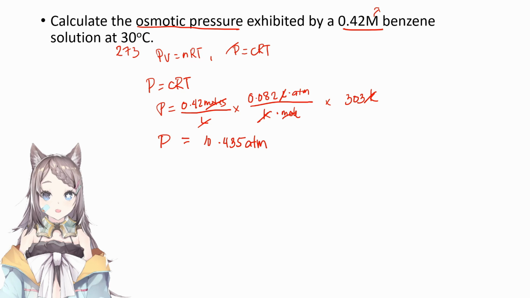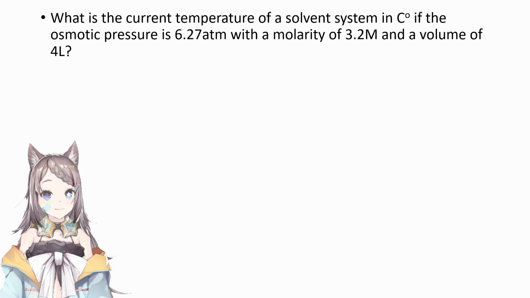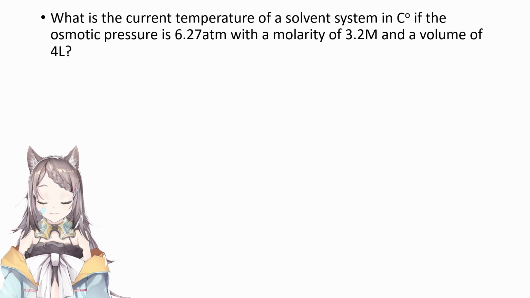Okay, moving on to our next question. What is the current temperature of a solvent system in centigrade if the osmotic pressure is 6.27 atmospheres with a molarity of 3.2 and a volume of 4 liters? Okay, so again, what is our formula?